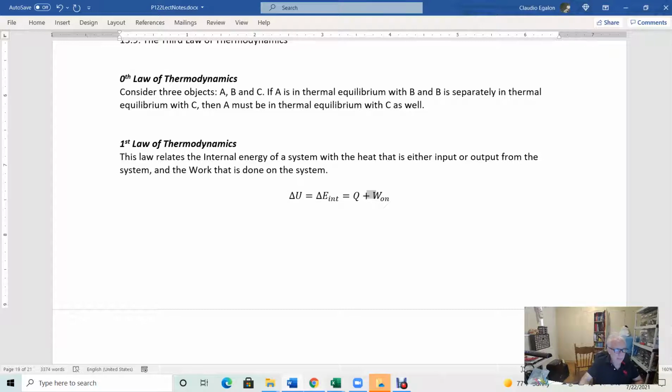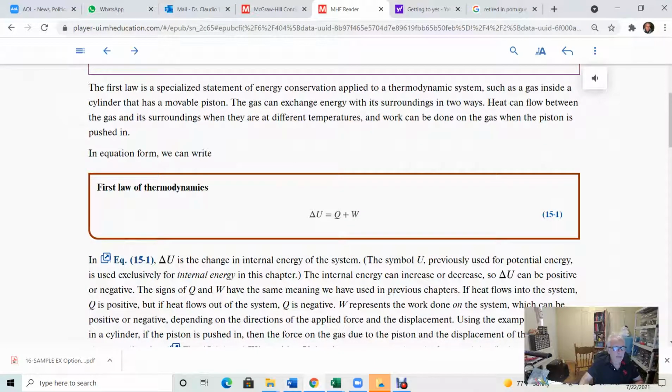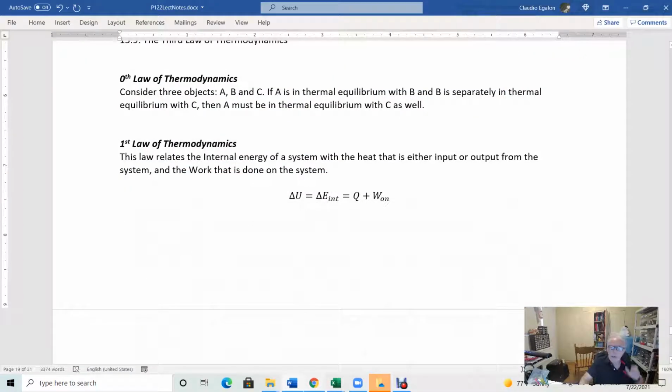This W here is the work done on the system. There are two ways to express this equation, either for the work done on the system or the work done by the system. One is different from the other, although they have the same magnitude.